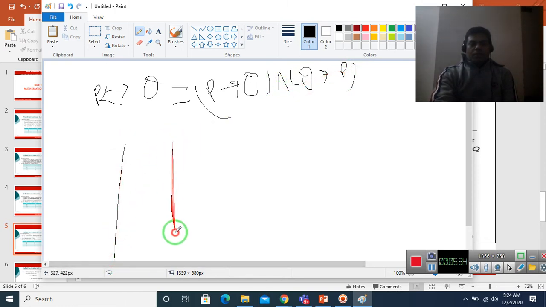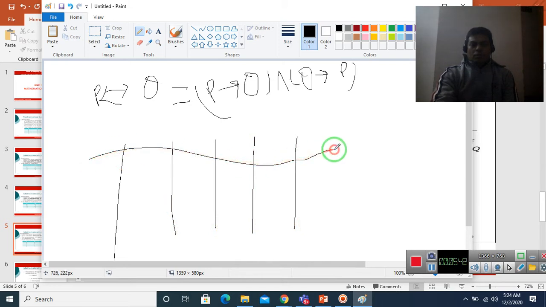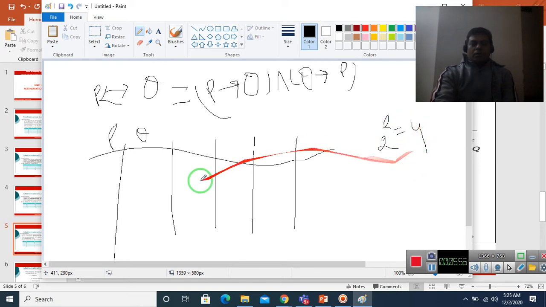So we should make the table with P and Q. There are two variables, 2 to the power 2, that is 4. The possible combinations will be true false, false true, double true, double false.